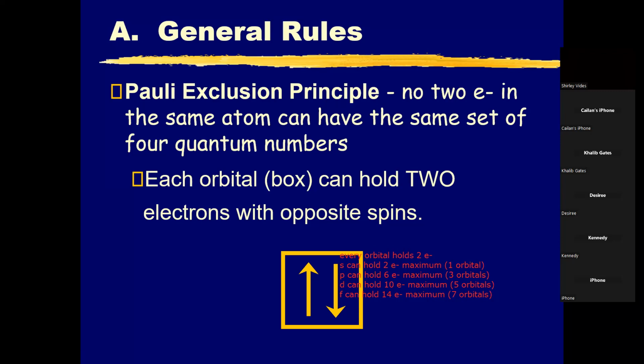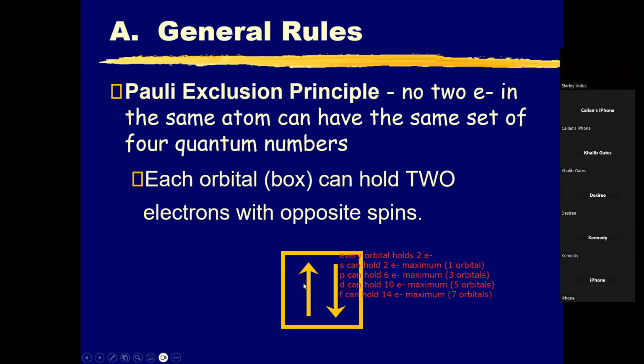So even if they're in the same orbital, they're in the S, they're in 1, but there's one that goes up, one that goes down. The reason for that is the spin quantum number. So the spin is different, okay?